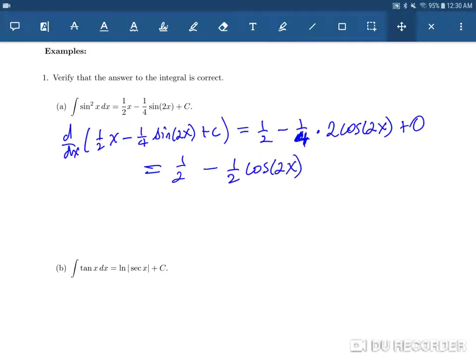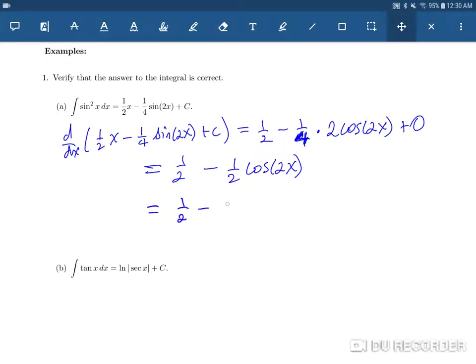Well, this doesn't look like the integrand here. But wait, maybe we can check that. If we try to simplify this expression using trig identities, maybe we can come up with that expression. So let's work on that.